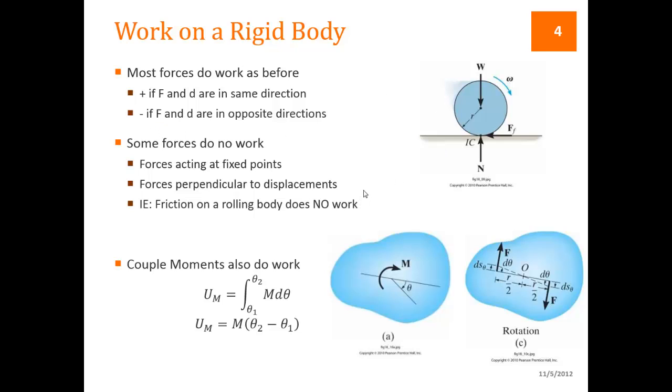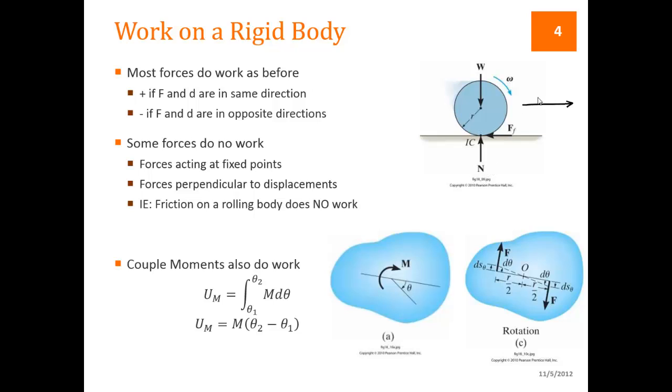Notice some forces don't do any work, and this was true for particles as well. So forces that act at fixed points don't do work because the distance is 0, the point isn't moving. Forces that act perpendicular to distances or displacements don't do work. So in this case, if this ball or this cylinder is rotating and rolling, W is not going to do any work because it's acting perpendicular to the displacement because it would be moving in that direction.